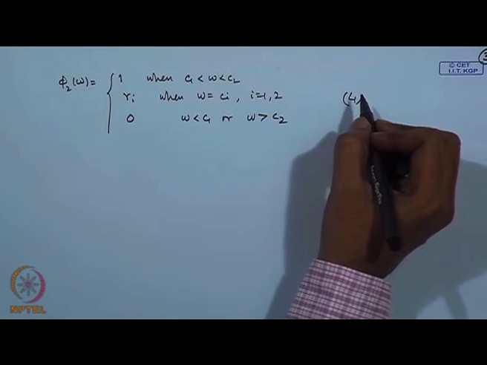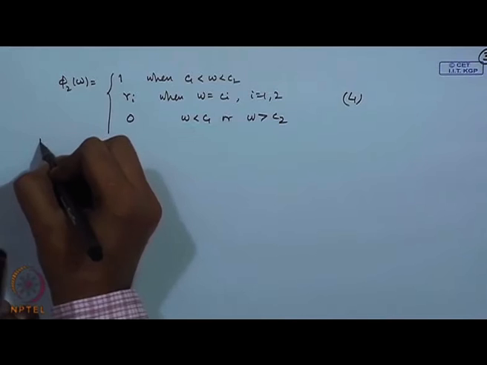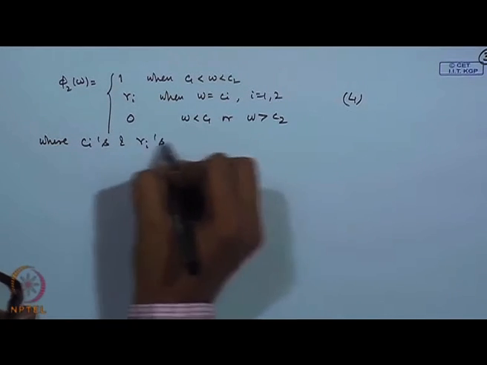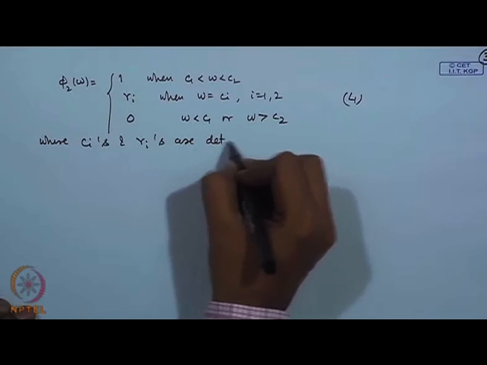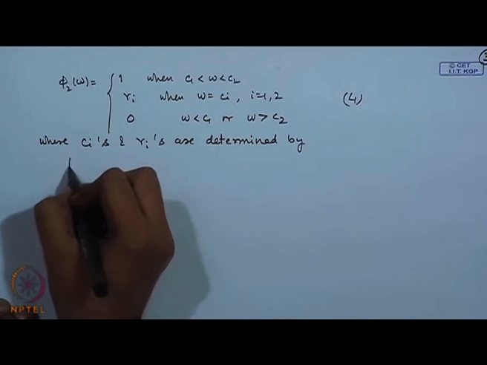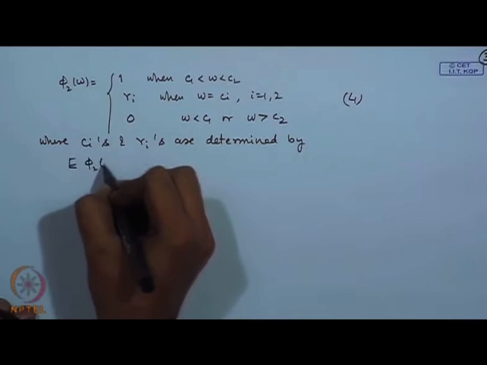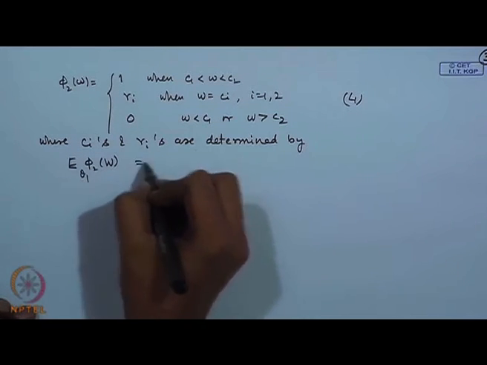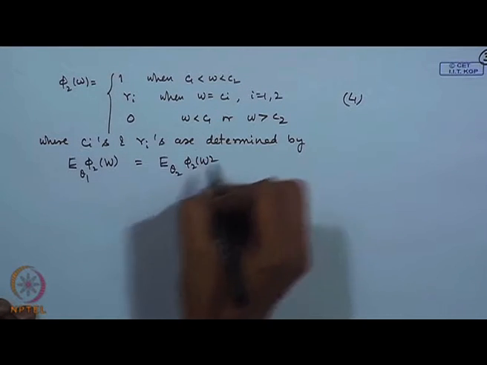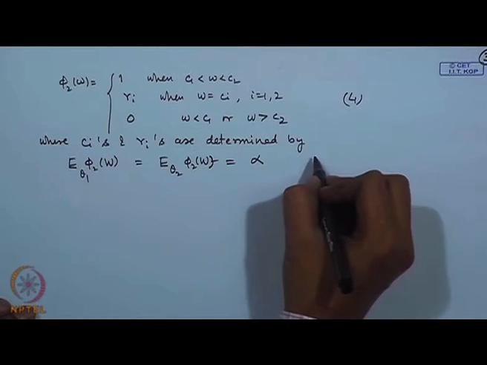And the Ci's and gamma i's are determined by expectation at theta 1 of phi 2 W and expectation at theta 2 of phi 2 W is equal to alpha.